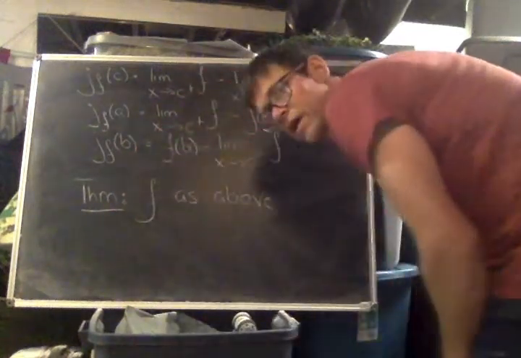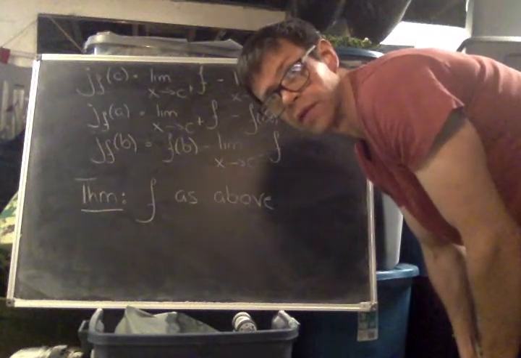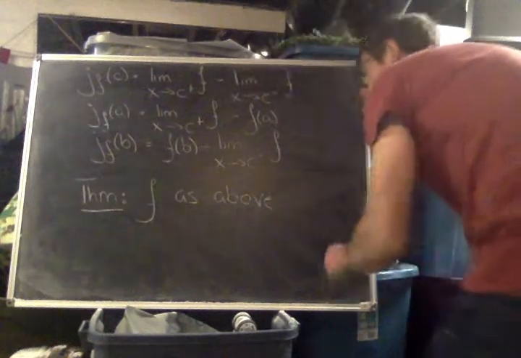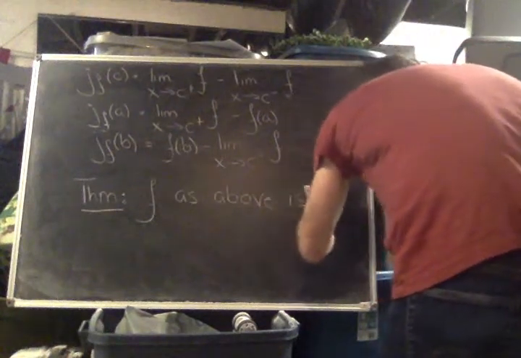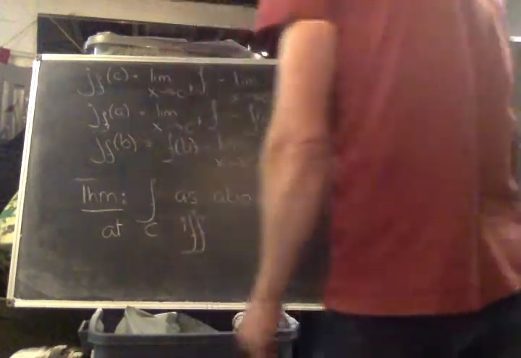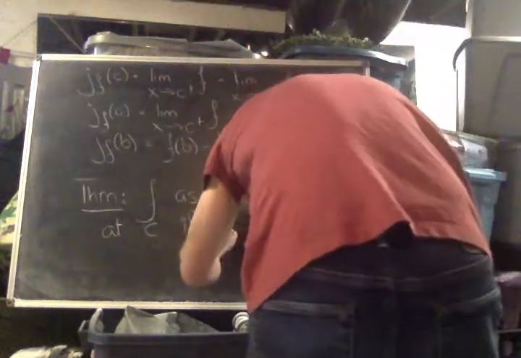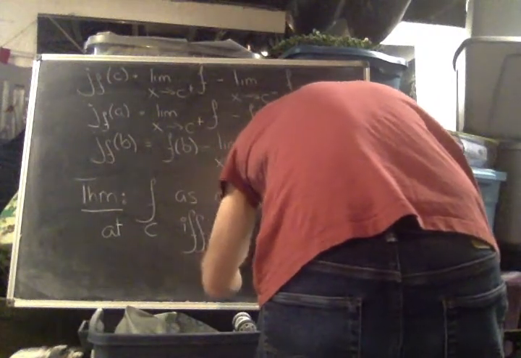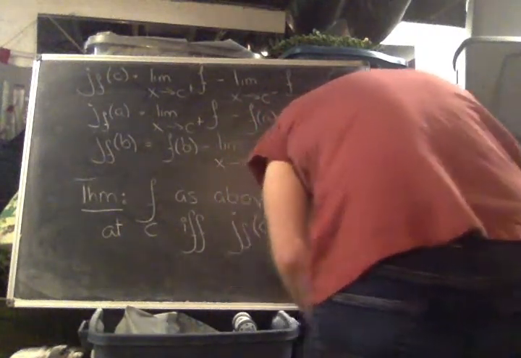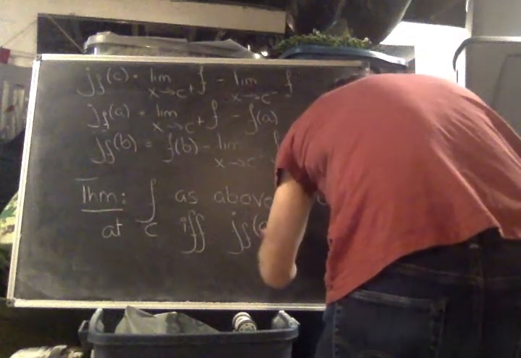Theorem. f as above, meaning defined on the closed bounded interval A to B, and increasing, is continuous at C if and only if the jump of f at C is equal to 0.